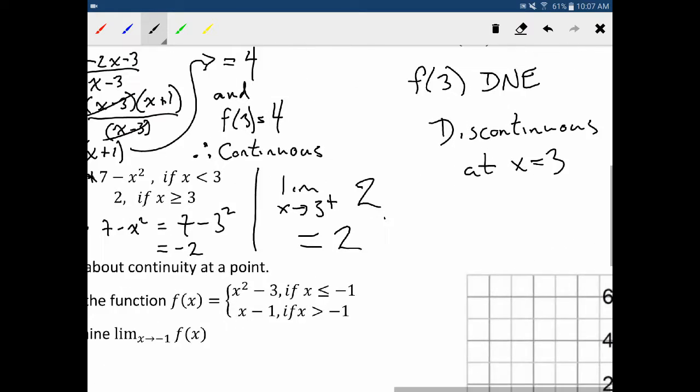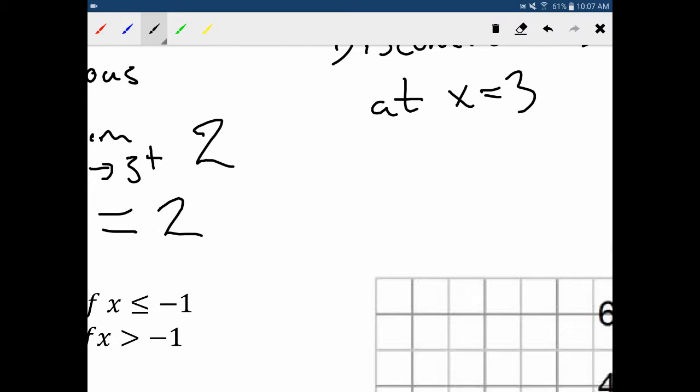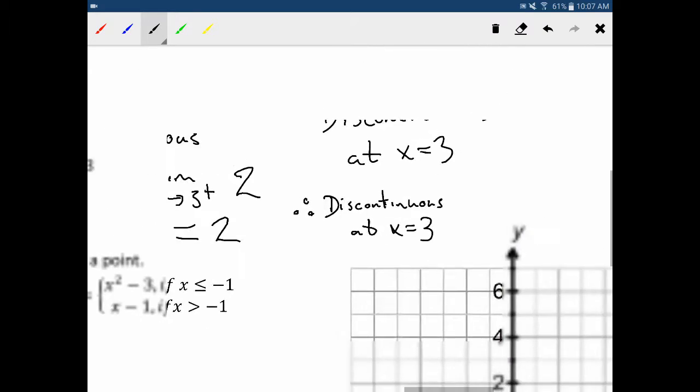Because negative 2 and positive 2 do not equal each other, the limit doesn't exist, so this is discontinuous at x equals 3.